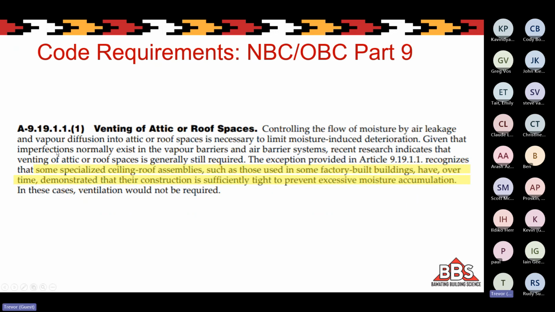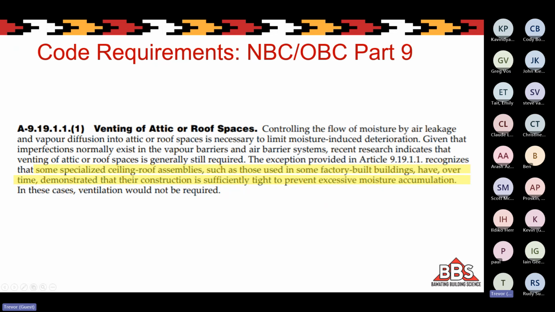And when we get down into the more explanatory parts of the code, one thing they explain is that in some specialized ceiling roof assemblies, such as those used in some factory built buildings, so sort of what I showed you as that commercial roof, they have over time demonstrated their construction is sufficiently tight to prevent excessive moisture accumulation.